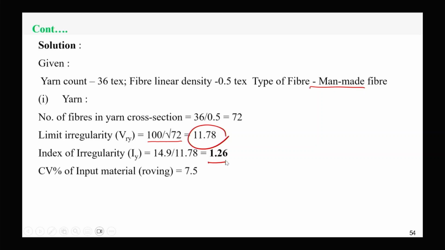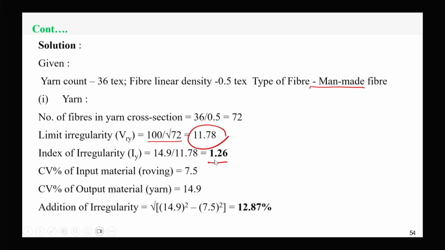And now the CV of roving material is given 7.5, and CV output of yarn is given, and so CV added you can calculate at the ring frame. CV added at the ring frame stage.